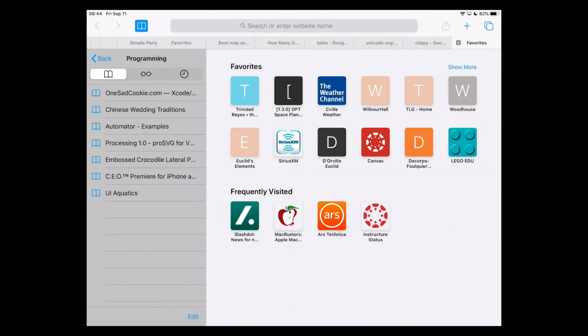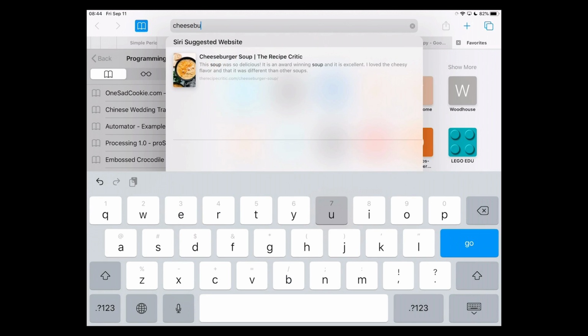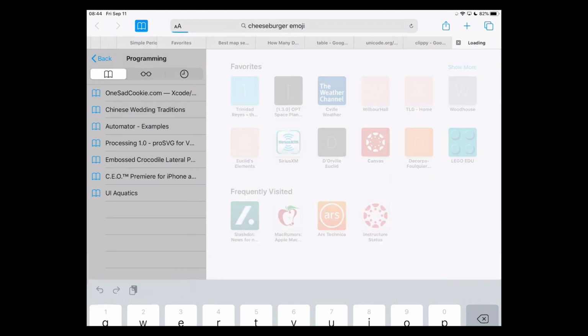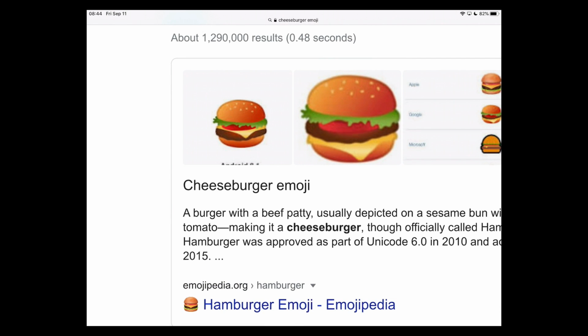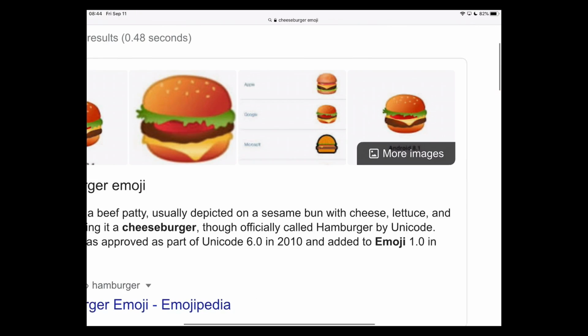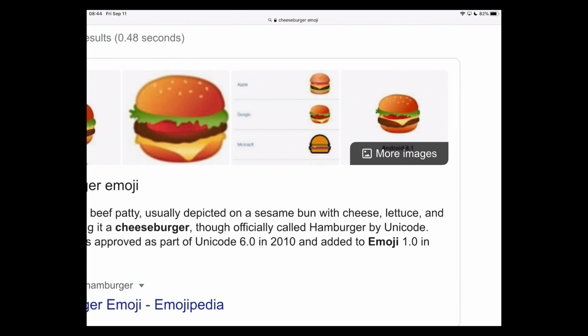This is important. I don't know how many of you guys put the cheese under the patty. Like what is wrong with you people? Yeah, exactly, right? So, Apple, Google. I mean, look, Google. What is wrong with them? They put the cheese under the patty.